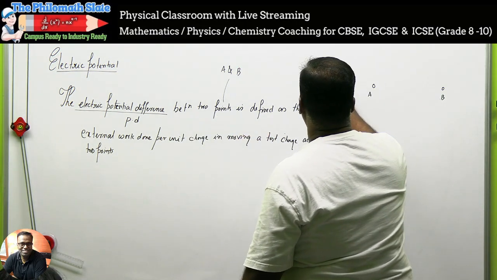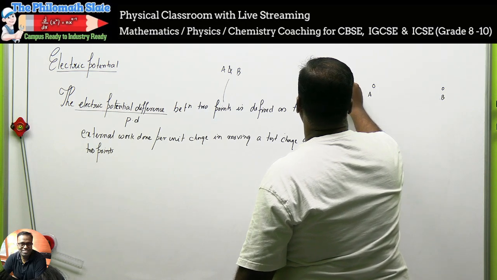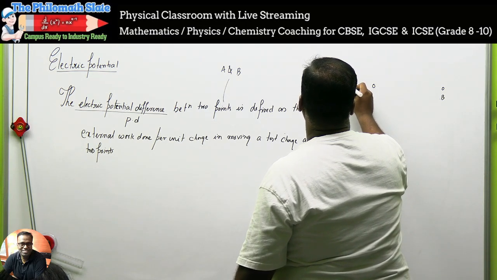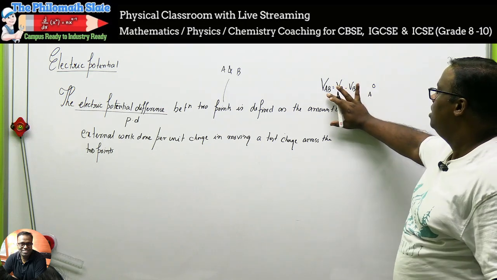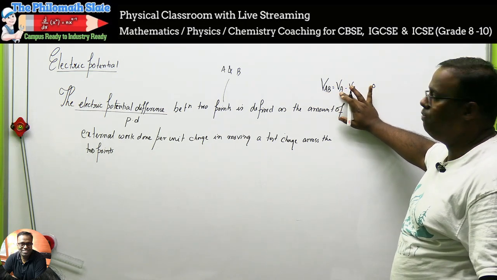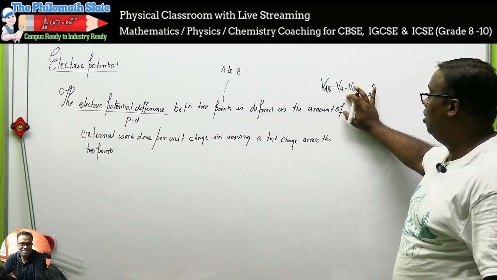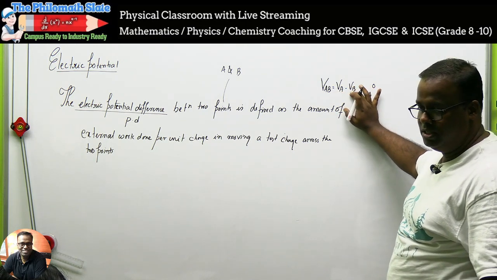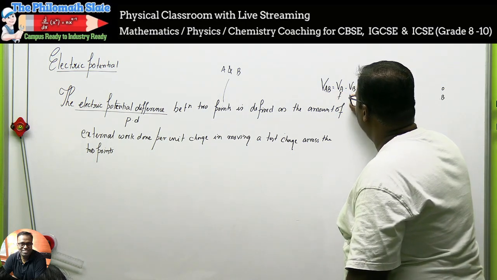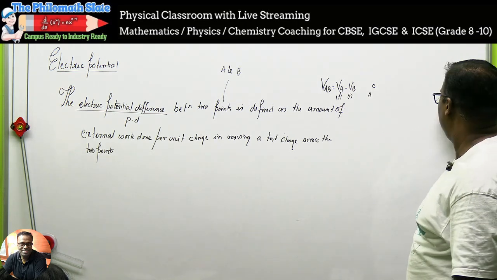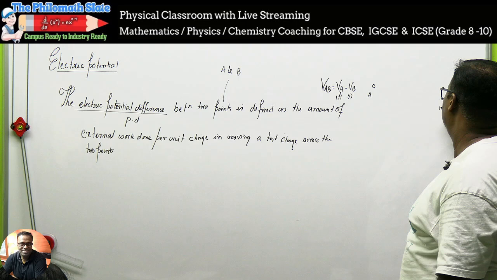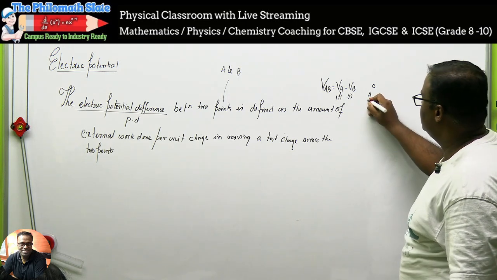We write this as VAB, which is said to be V of A minus V of B. अच्छा, convention बड़ा easy है, आप गड़बड़ नहीं कर सकते हो. VAB you are writing as V of A minus V of B. Always it will be final minus initial. तो ये final है, ये initial है, ठीक है ना? If that be the case, that means this is initial. Agreed? No confusion. This is final.